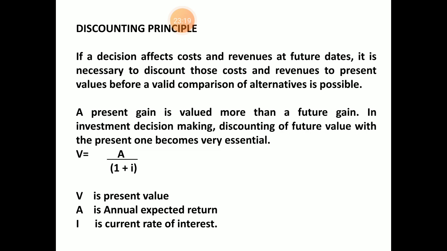So, it is very essential that you discount the future value with the present one. That is what we mean by the discounting principle. So, it's very necessary that we take into account all these 5 principles while studying business economics. So, these are the 5 economic principles.